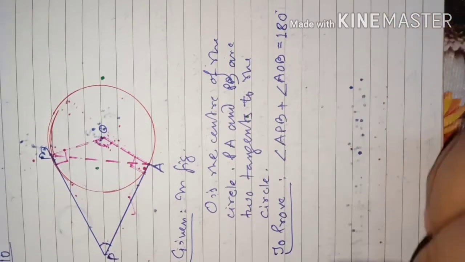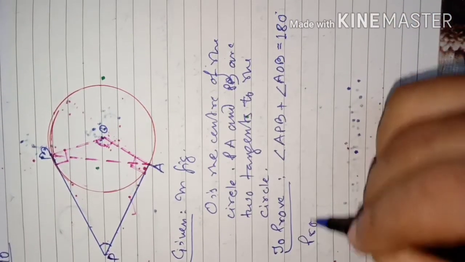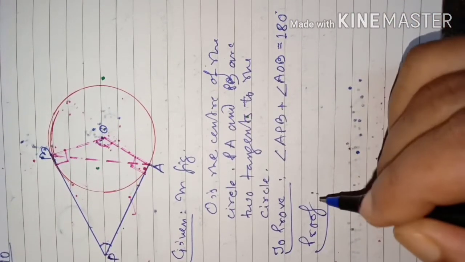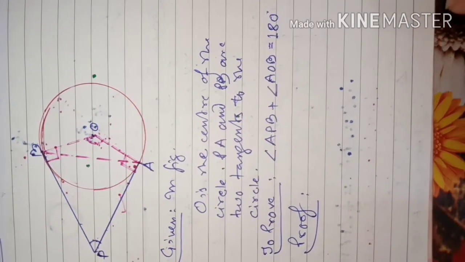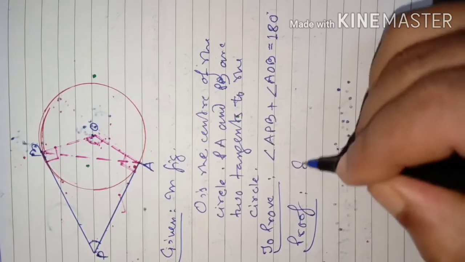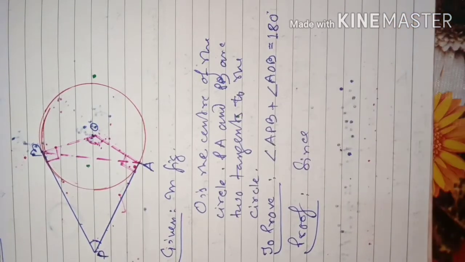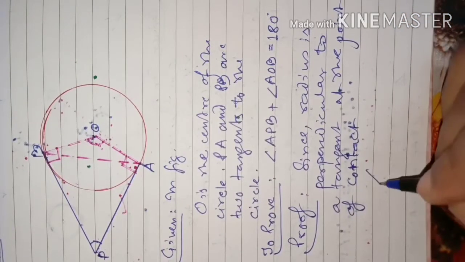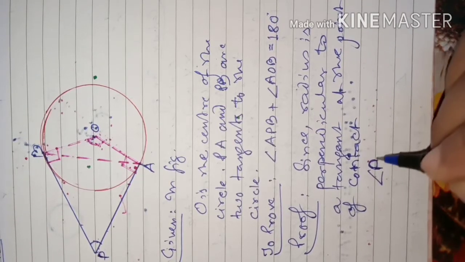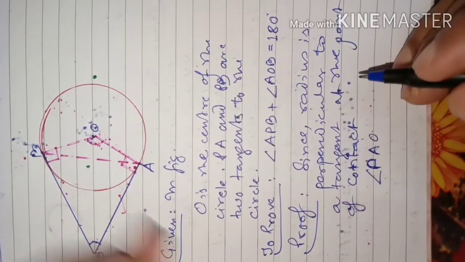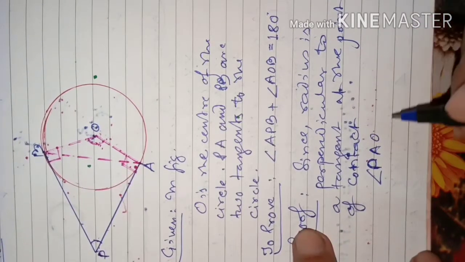Now let us write the proof. Since the radius is perpendicular to a tangent at the point of contact, therefore angle PAO is equal to 90 degrees.